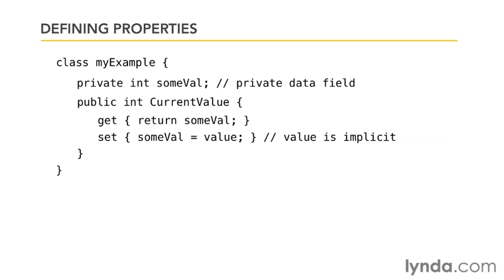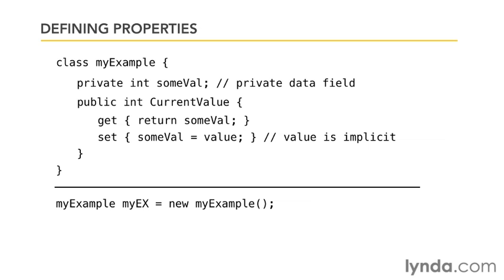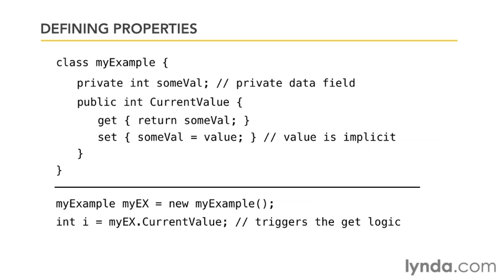Let's see how this actually works when you consume this. So to do this, I would define my X variable, which is an instance of the myExample class, and I'm creating a new myExample object there. If I wanted to get the value, I would just do this. I have an integer I, and I say myEx.currentValue. That will trigger the get logic. And in this case, the get logic is pretty simple.